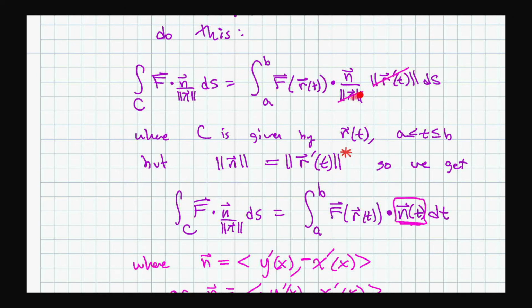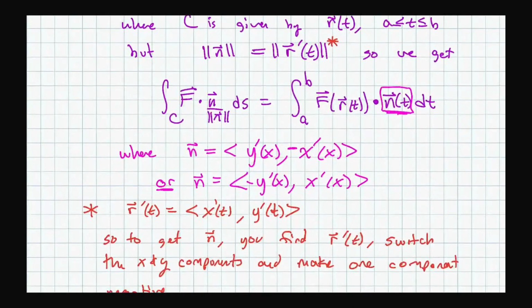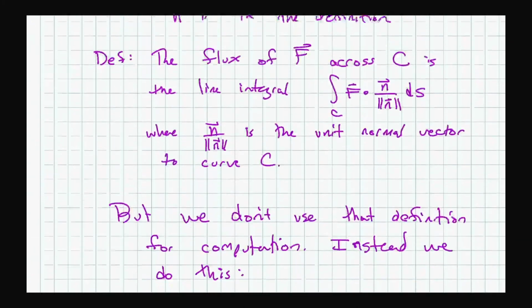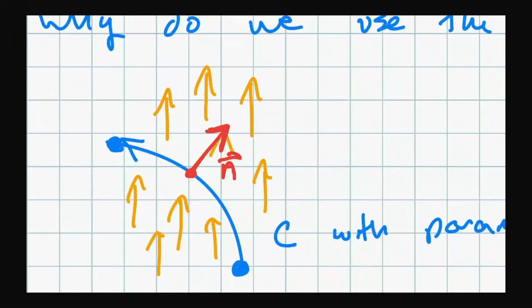They have the same x and y components, just swapped and one made negative. The reason that's all you do is that on this graph, this is the direction r prime is. So r prime is parallel to the curve and the normal vector is 90 degrees away. The easiest way to find a vector 90 degrees away from another is to switch the components and make one of them negative. So that's that.